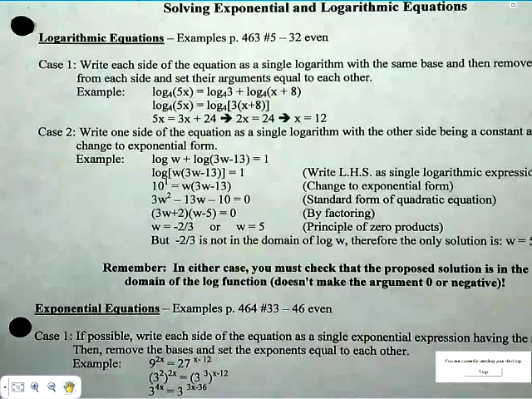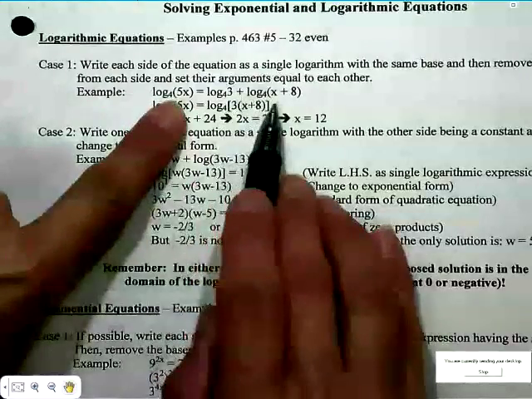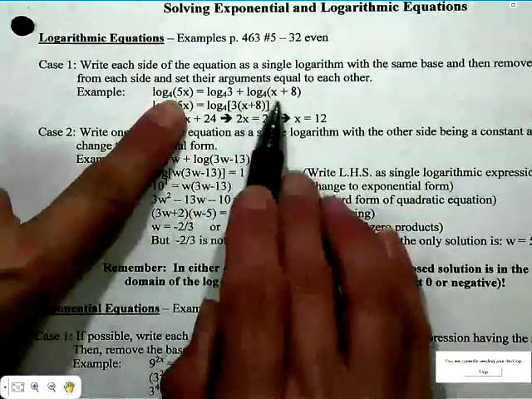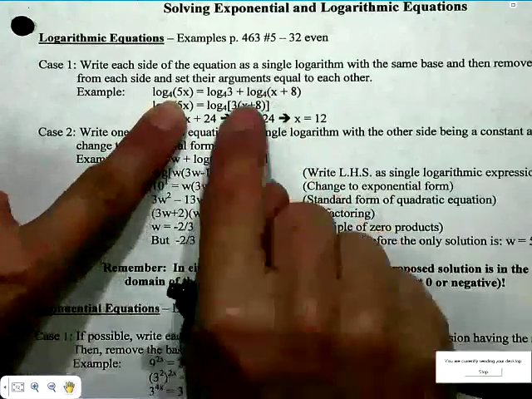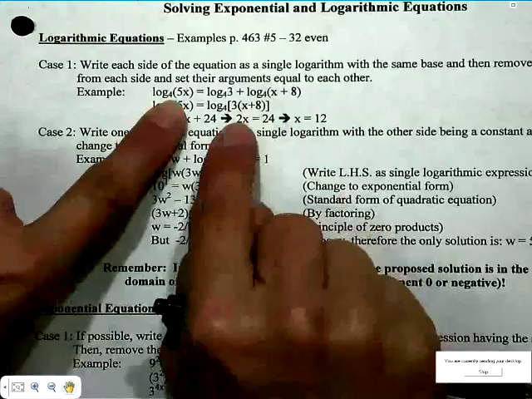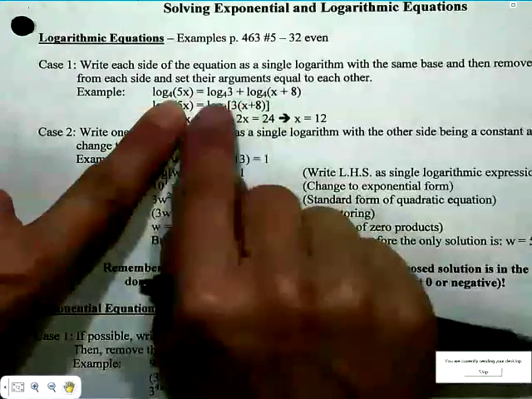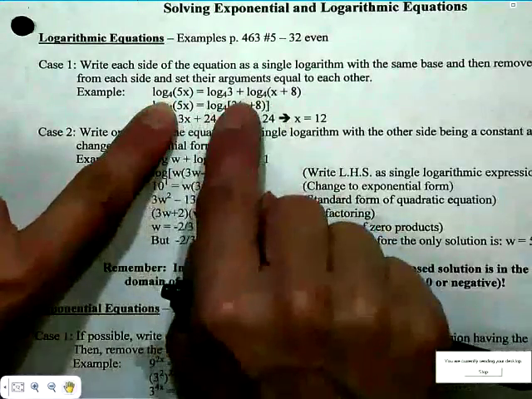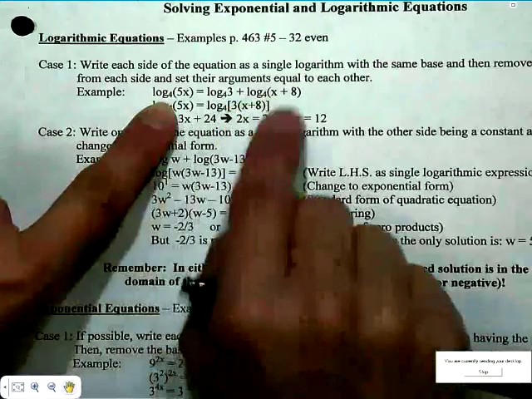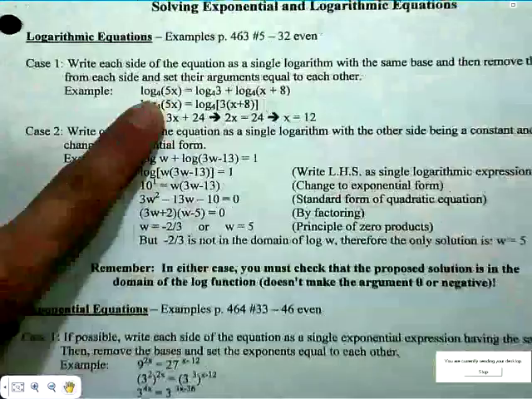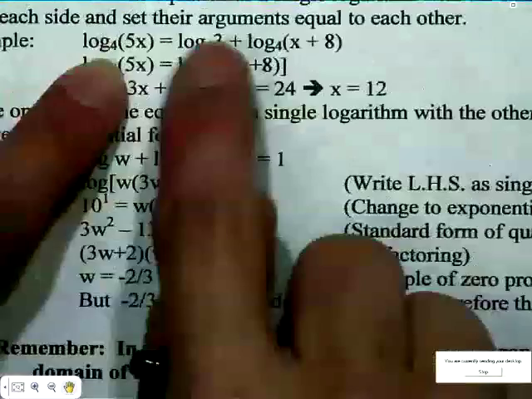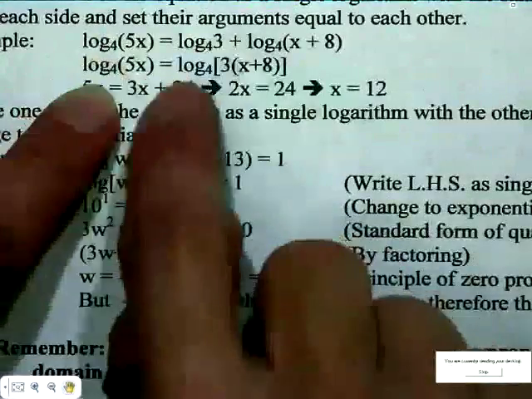That's the only two types of logarithmic equations we're going to solve. If you do have logs on both sides, then write each side as a single logarithm using your properties A, B, and C. I've typed out one example for you, and then we'll do several others. But this right-hand side, log base 4 of 3 plus log base 4 of x plus 8, can be put back together with property A, which says the sum of two logs can be put back together as the log of a product.